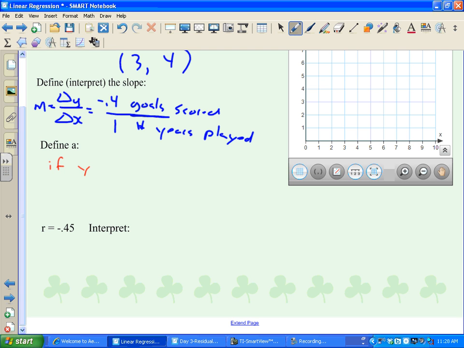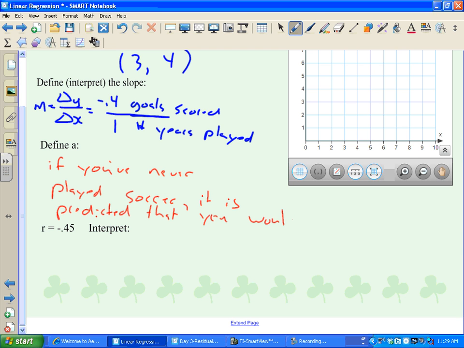If you've never played soccer, it is predicted that you would score approximately 5.2 goals.